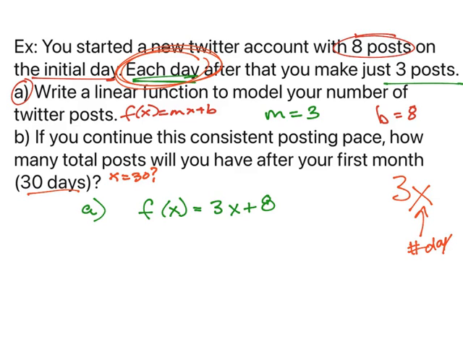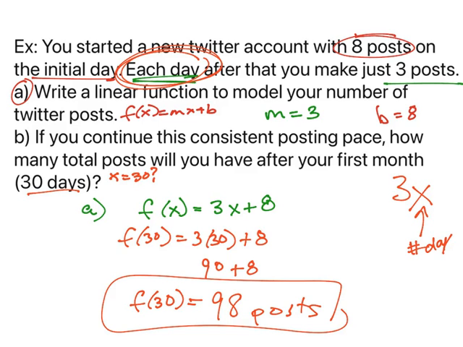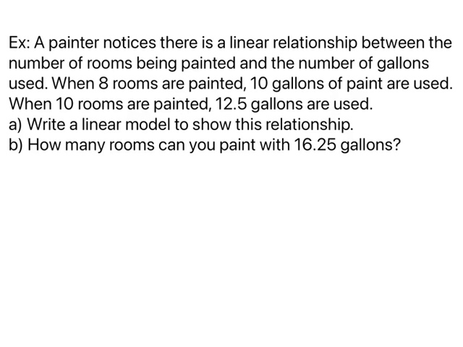If x is 30, I would say f of 30 equals 3 times 30 plus 8. So 3 times 30 is 90. 90 plus 8 is 98. So after 30 days, we would have 98 Twitter posts. That's what that means.